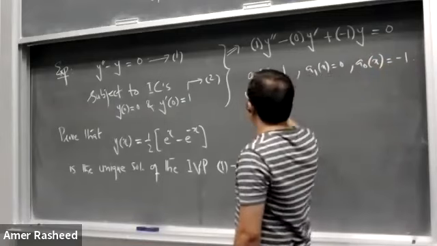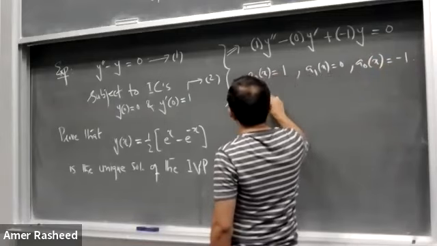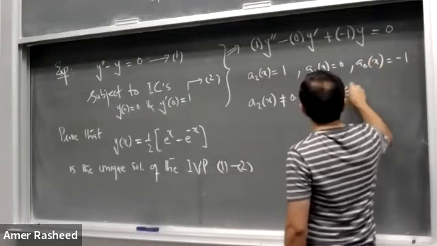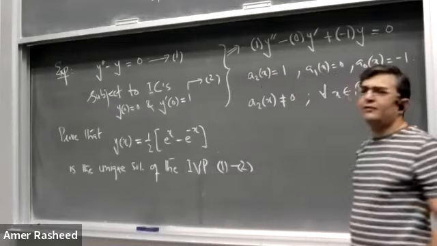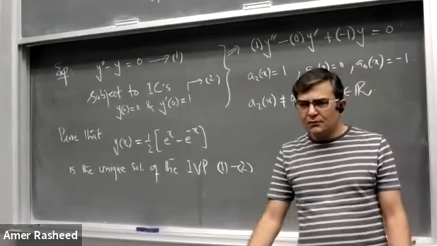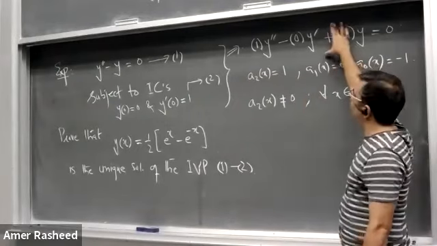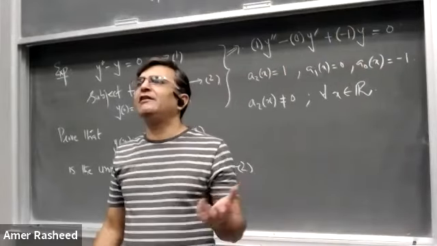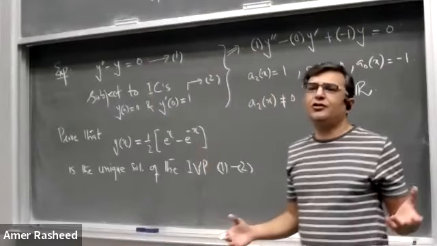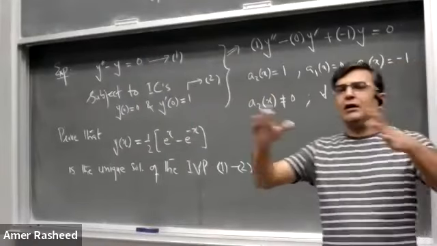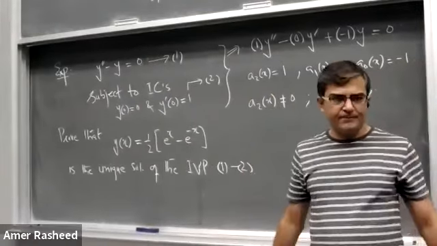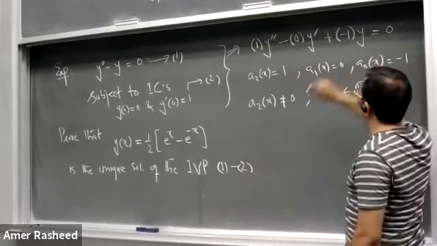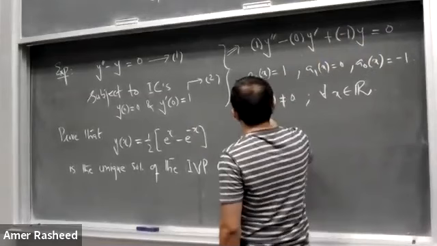And A2 of x is not equal to 0 for all x belonging to R, whatever the interval is, because here the domain of this differential equation is not given. If the domain is not given, then obviously you must consider the domain to be the whole set of real numbers. And the right hand side function is 0.